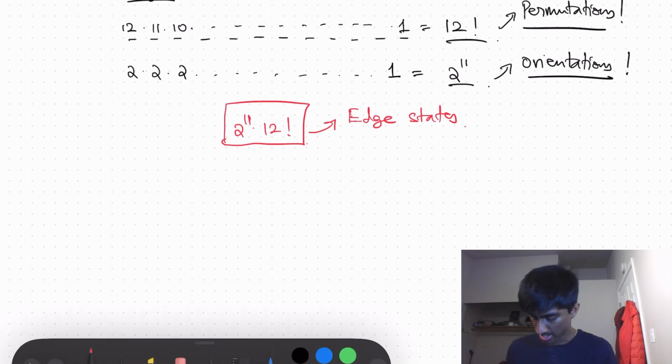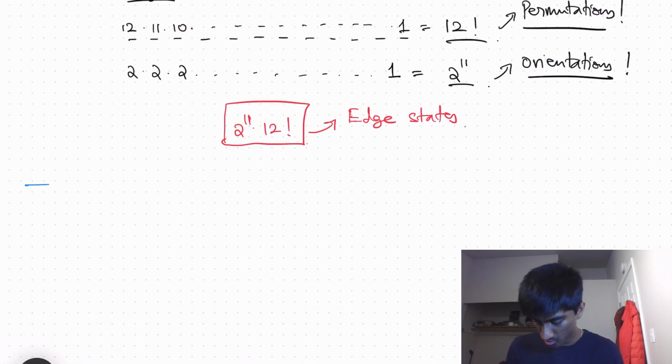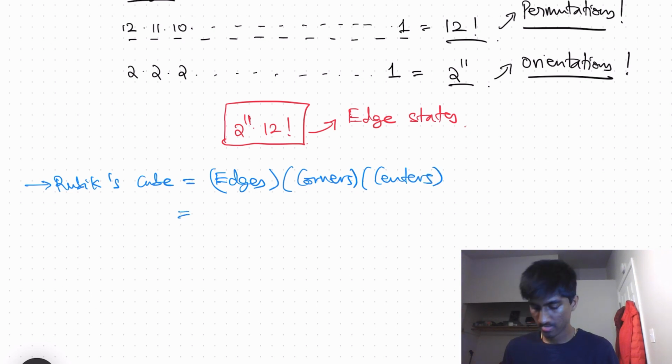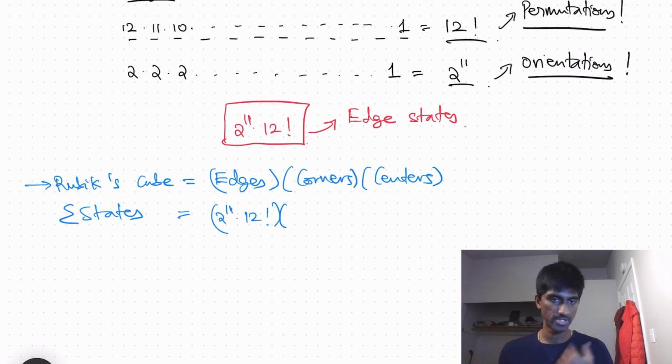Because let's just recap that a Rubik's Cube, and this part might be blatantly obvious, is just a combination of the edges and the corners and the centers. So the total number of possible states of the Rubik's Cube is basically the total number of states of the edges, 2 to the 11 times 12 factorial, times the total number of states for the corners, which is 3 to the 7 times 8 factorial, times the centers, which we know are fixed.